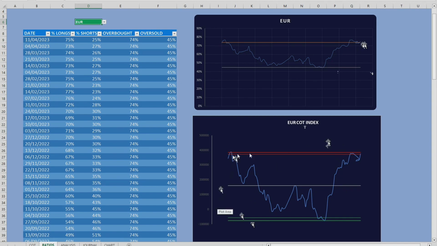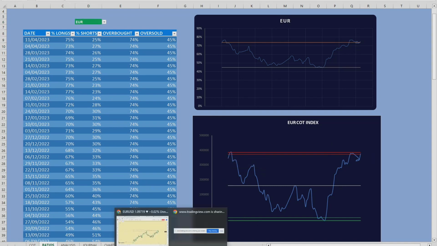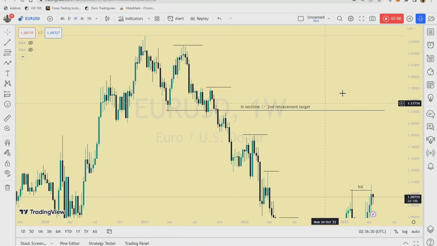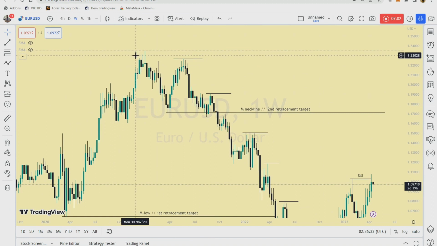When we come here, you can see on this date, this was 19th January 2021. So let's go to the chart and I'll show you something. Let's go to the weekly chart because this one too is released weekly. 19th January 2021. So this was what?